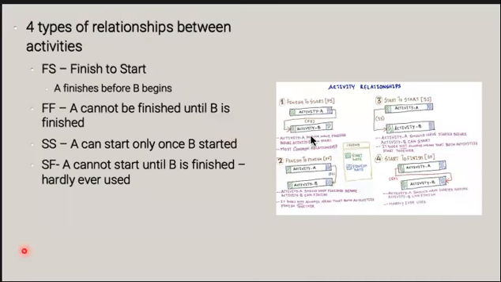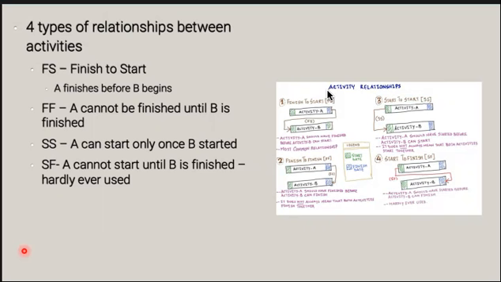In this diagram, activity A should finish before activity B can start, and that's the most common relationship. A good example, if you're building a building, would be the activities lay foundation and build pillars. Lay foundation must finish before the build pillars activity can start.